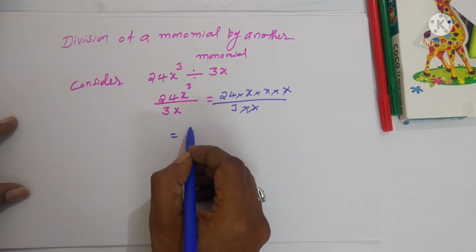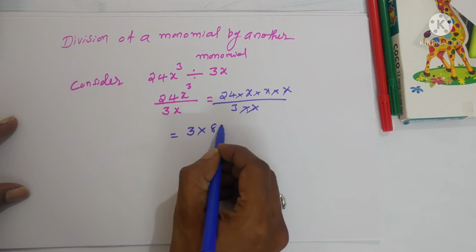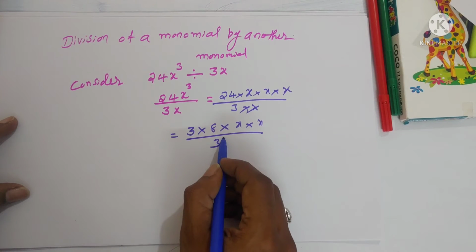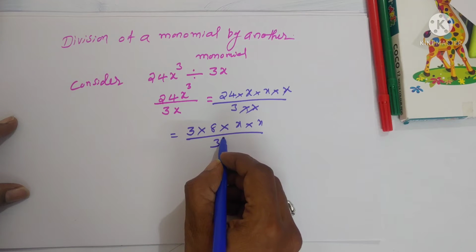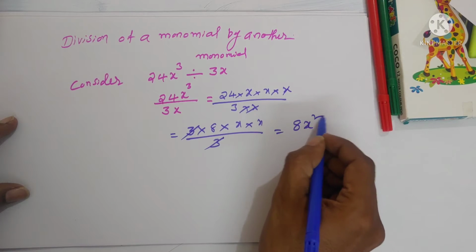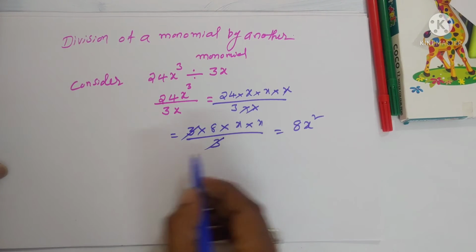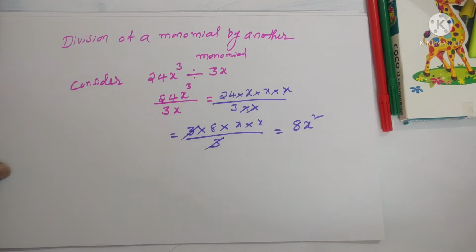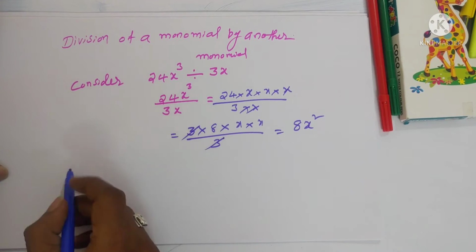Now 24 can be written as 3 into 8, and x into x are the remaining terms. Here 3 is the remaining denominator. So just divide it, 3 eights are 24. So we get simply 8 into x square. This is the way to do division of a monomial by a monomial. In the same way, we have one more sum here.